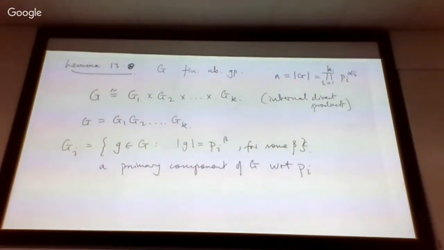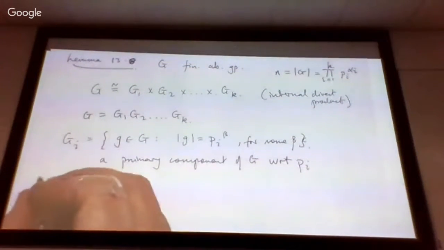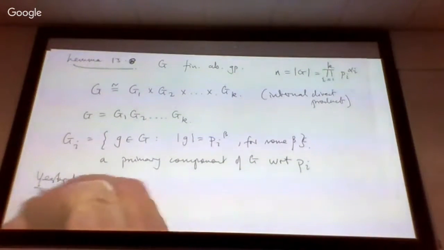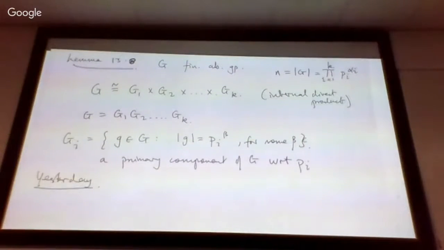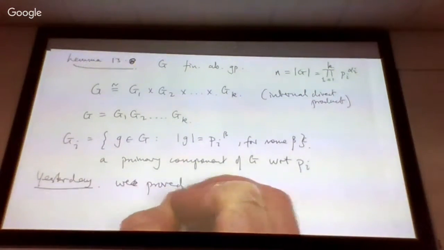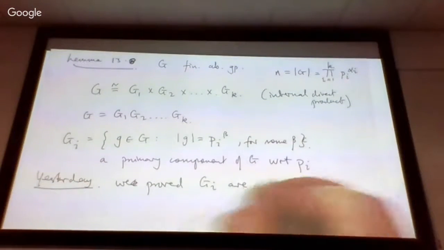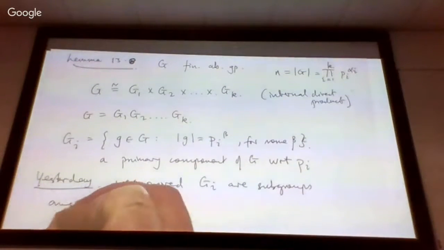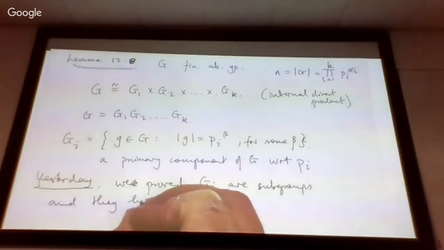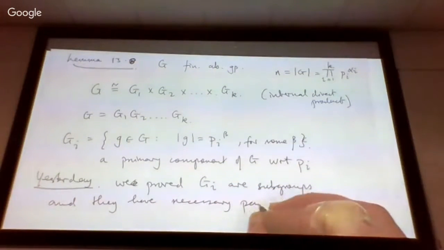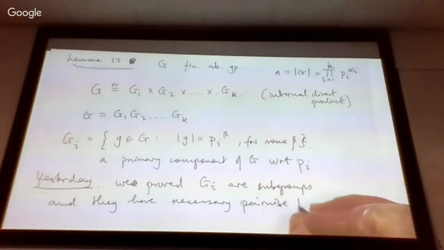Now, yesterday, we talked through the proof of this. Yesterday we proved the GI are subgroups, and they have the necessary pairwise trivial intersections.